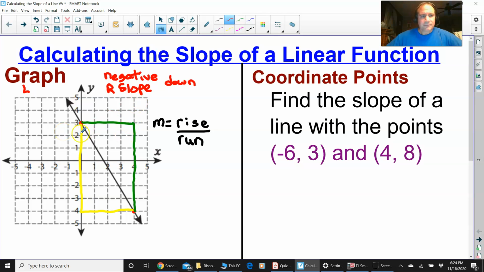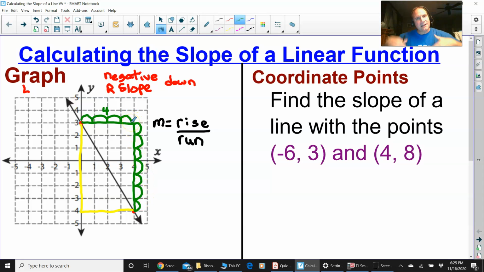So let's just go ahead and take the green, for instance. On the green side, I went to the right 1, 2, 3, 4. So I counted the number of times I moved to the right, and that is 4. Then I went down 1, 2, 3, 4, 5, 6, 7.